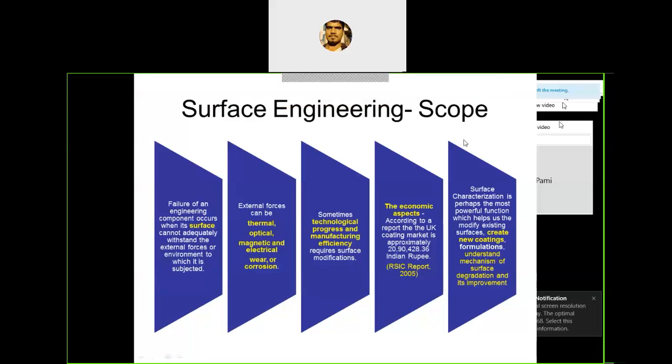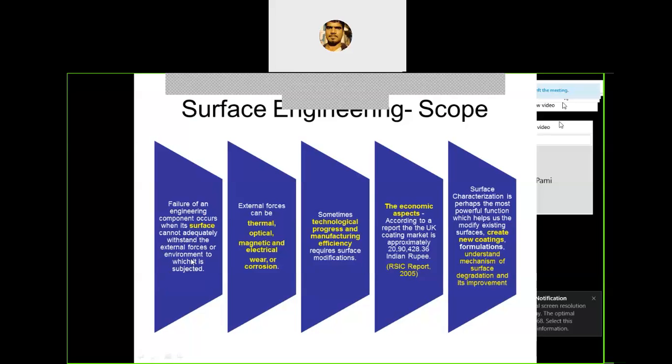See, first, the failure of an engineering component occurs when its surface cannot adequately withstand the external surface force or environment to which it is subjected. What does it mean? In any engineering component, a failure occurs ultimately after a certain life cycle, correct?